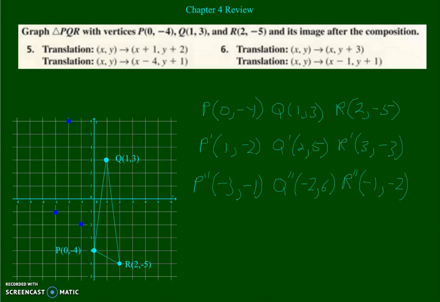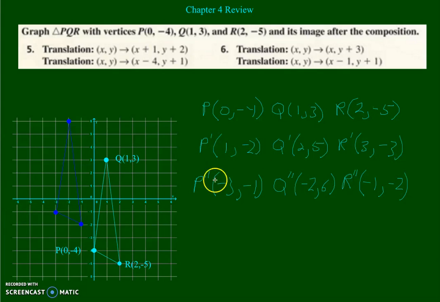And so we can draw the new triangle here and see what it looks like. So from the original, we went from here to here. Now, for continuity's sake, if you wanted to actually show the first transformation points, that's all we'd have to do, is graph those.